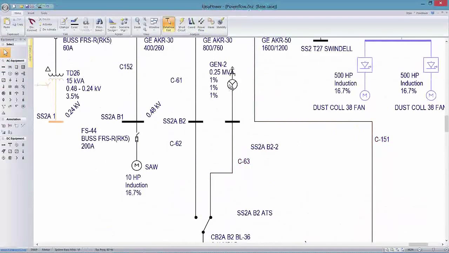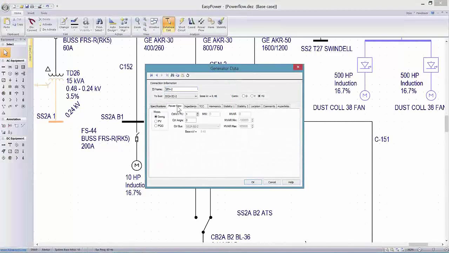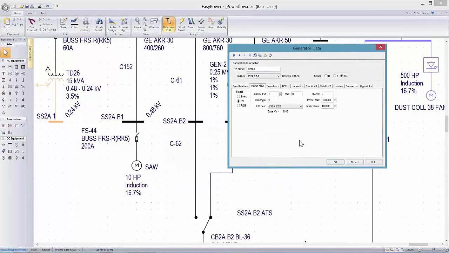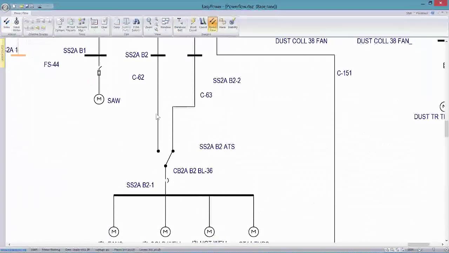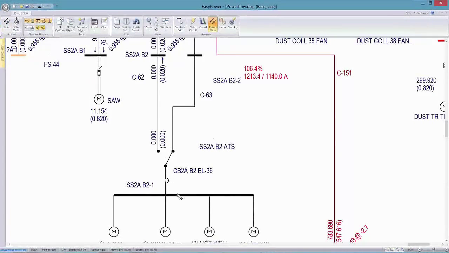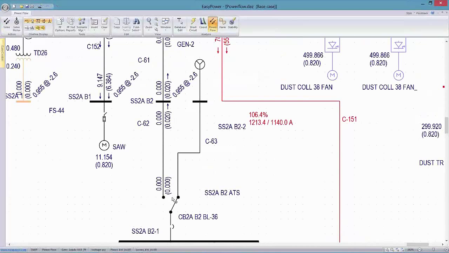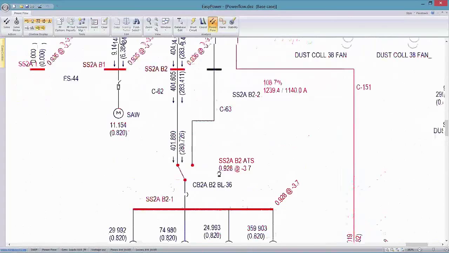data entry. Normally, when we enter the data for a generator in power flow, we would have it at constant PV, and if that were the case for power flow, we'd solve it, and we'd see no current being generated from this generator, whereas it would be a normal operation if it were on the main bus.